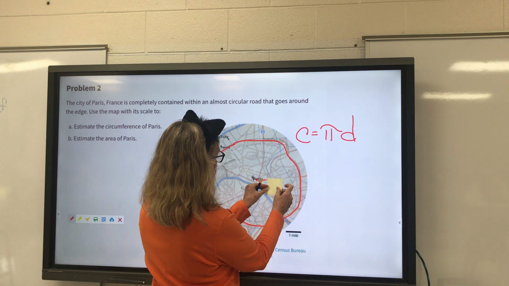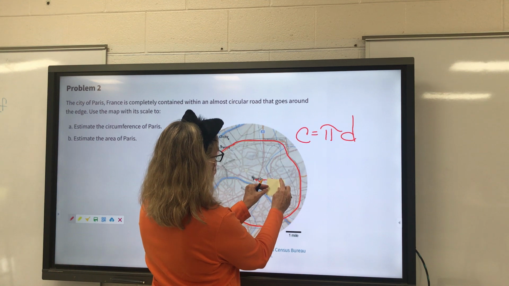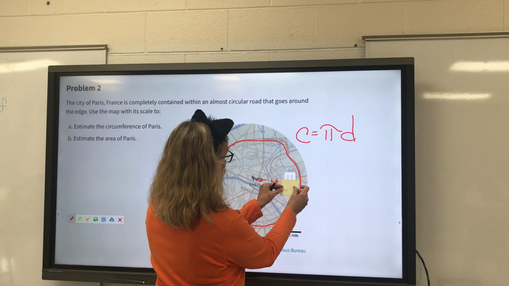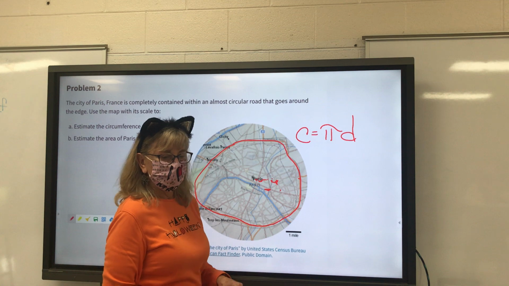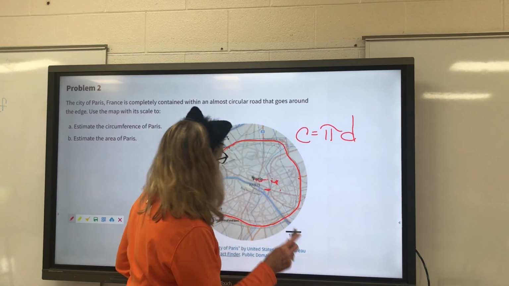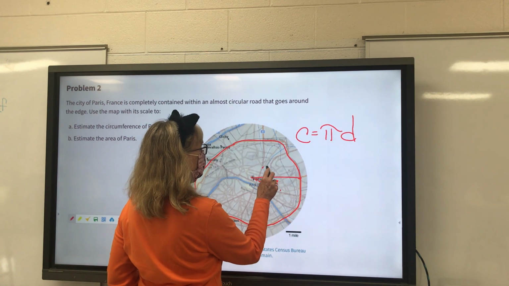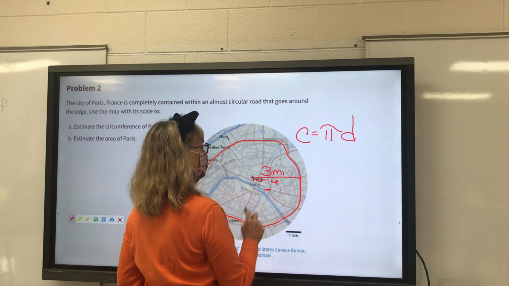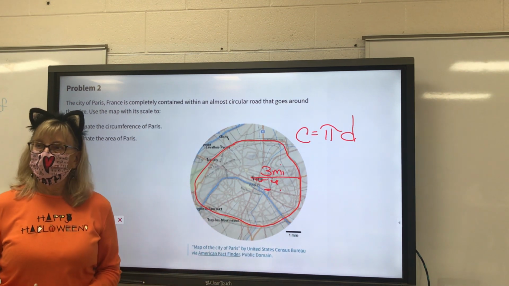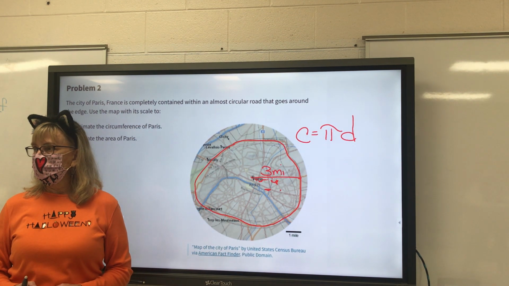That takes me to that road. That's 2 miles, takes me to that road. That's 3 miles. So it looked like approximately from here to here was 3 miles. Is that the radius or the diameter? Radius.